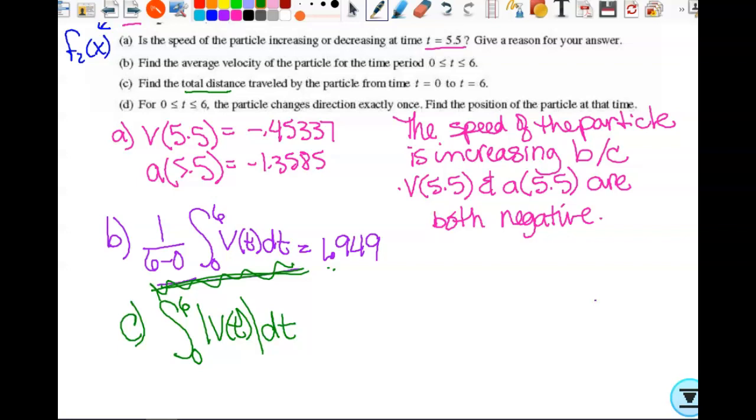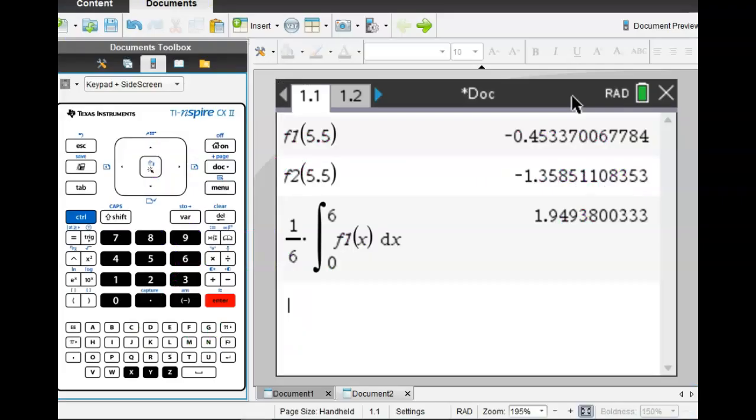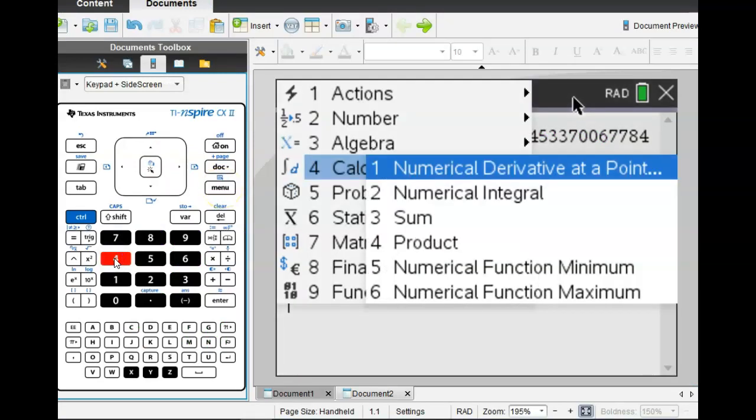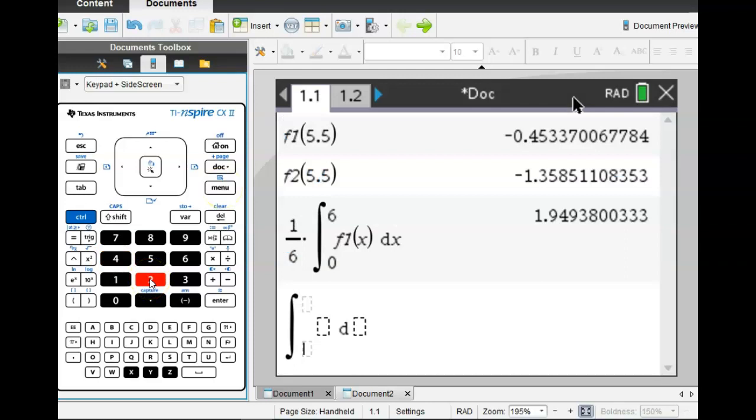Okay? Everybody good? So now we're going to go back to the calculator, and I need the integral symbol, so menu, calculus, I want to take an integral, 0 to 6 again. Now let's talk about the absolute value sign. You have two options here also. You see this straight line over here?